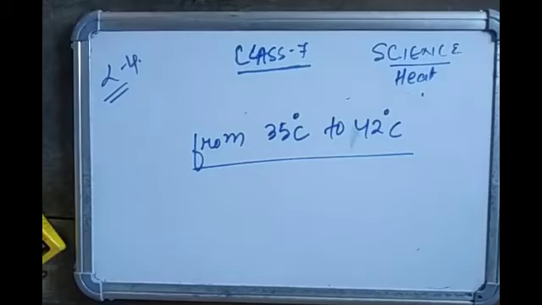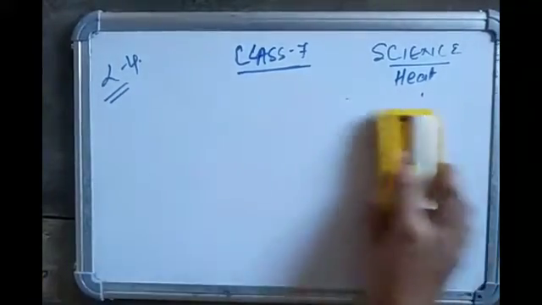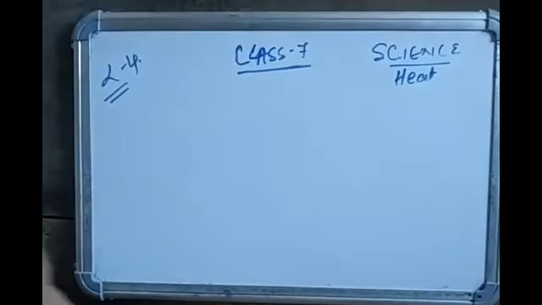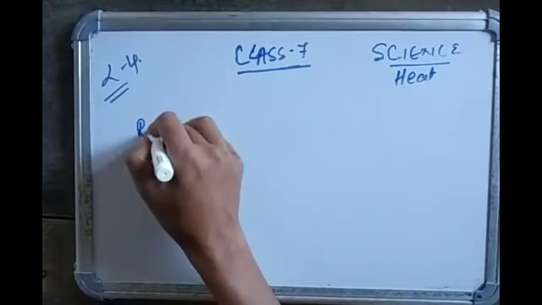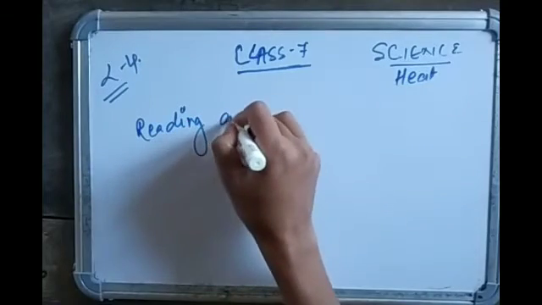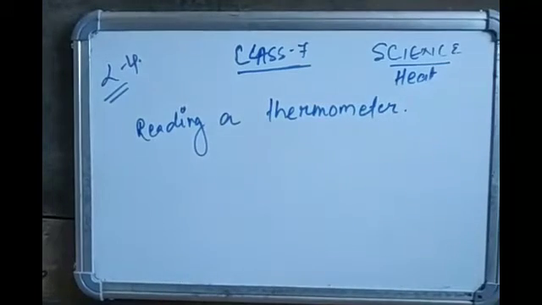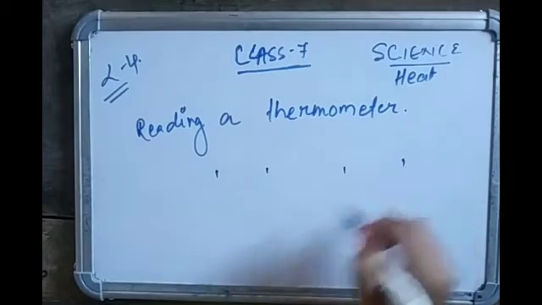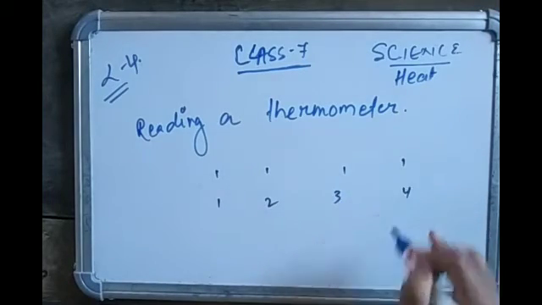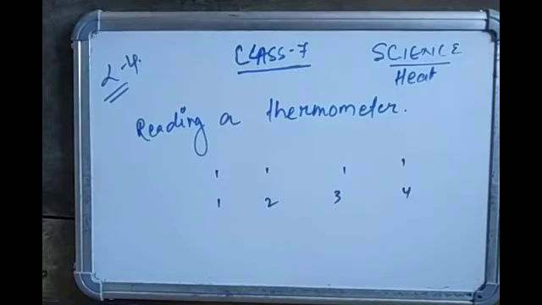So the next is an activity, which is for reading a thermometer. Note the temperature difference indicated between two bigger marks, 1, 2, 3, 4, on the thermometer.